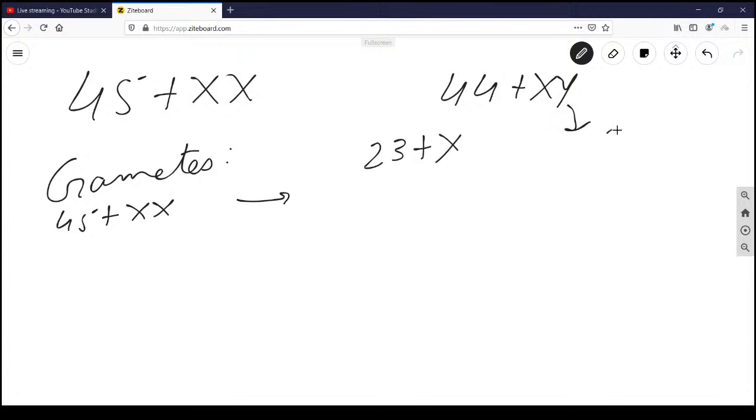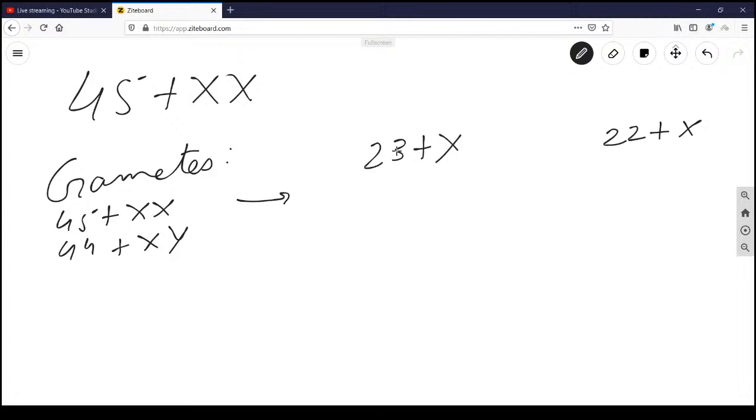And this will make 22 plus X. The father, 44 plus XY, can make 22 plus X and 22 plus Y. One of the mother's gametes will be 23 plus X, sometimes the gamete will be 22 plus X also in this case.